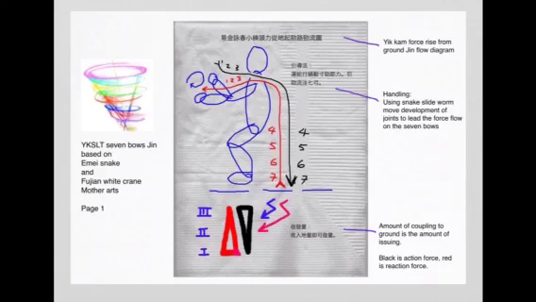So let's go through the yin yang force rise from ground Jing flow diagram. What happens is this: if this is my action force, the black one, this is my reaction force.